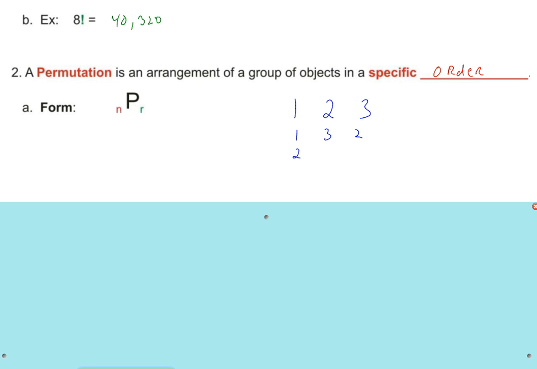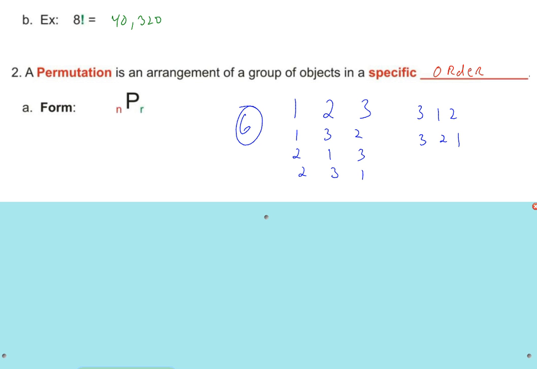We could have 2 in the front and then 1, 3, that's a third order. We could have 2 in the front and 3, 1. That's a fourth order. We can have 3 in the front and then 1, 2. That's a fifth. And then 3 in the front and 2, 1. And that's a sixth. And the answer is 6, but not because you multiply 1 times 2 times 3.